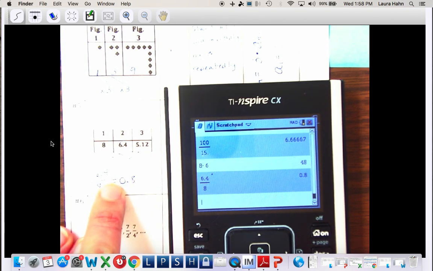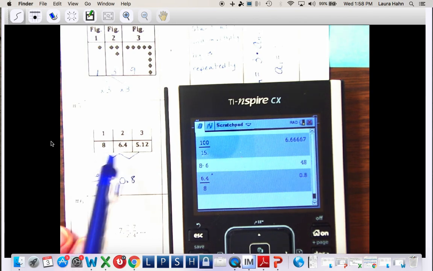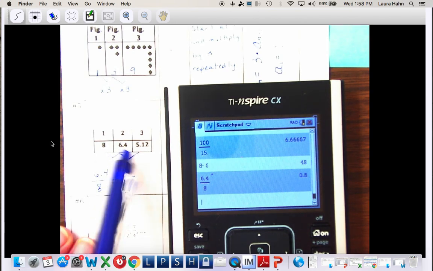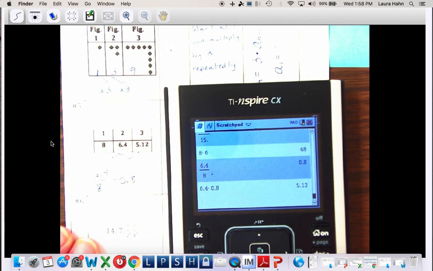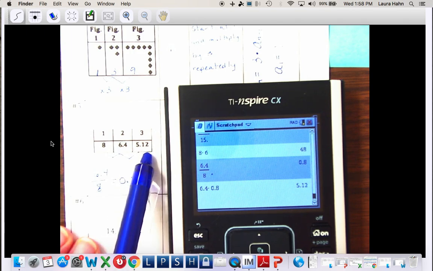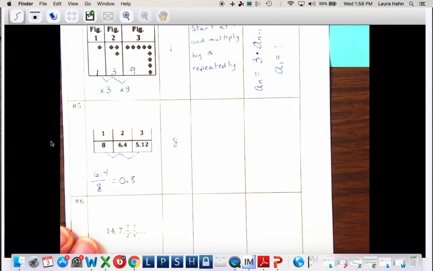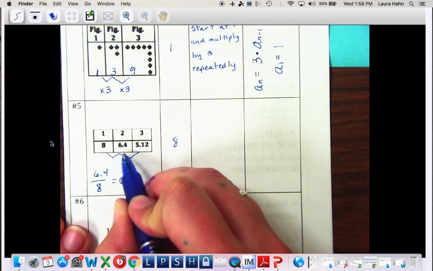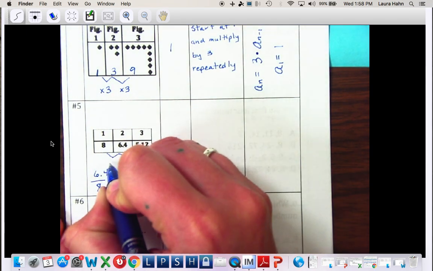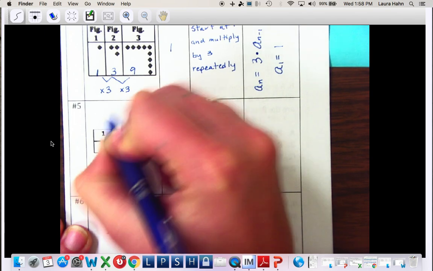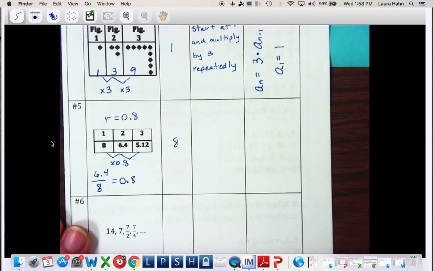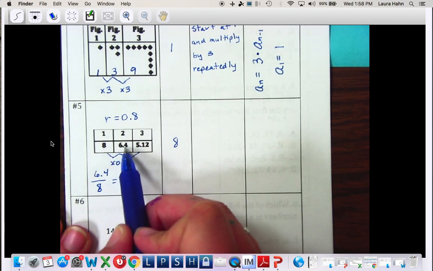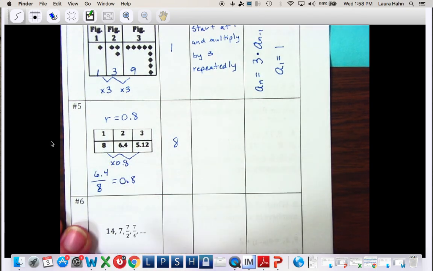So now I want to make sure that if I take 6.4 and I multiply by 0.8, is this what I would get? 5.12. Very good. So I know to get from 8 to 6.4 to 5.12, we were multiplying by 0.8. So my common ratio is 0.8. And remember, we figured that out by taking our second term and dividing it by the first term.